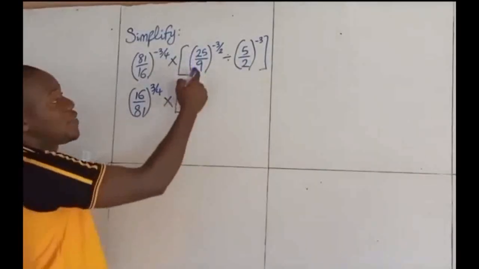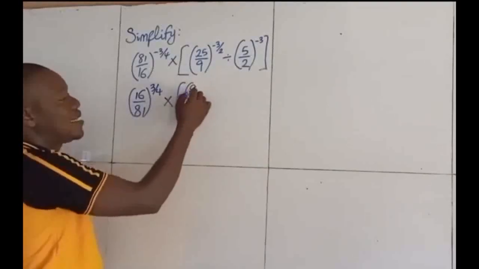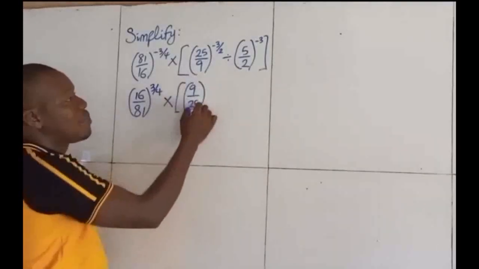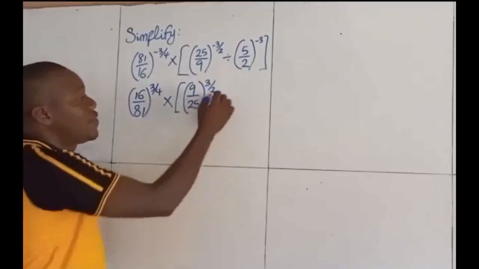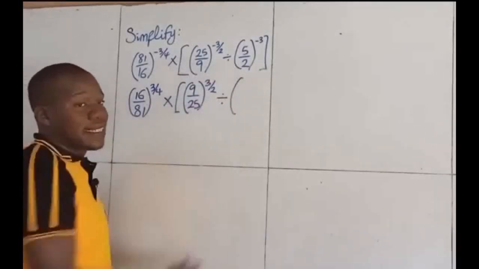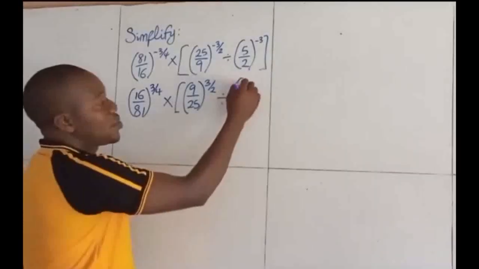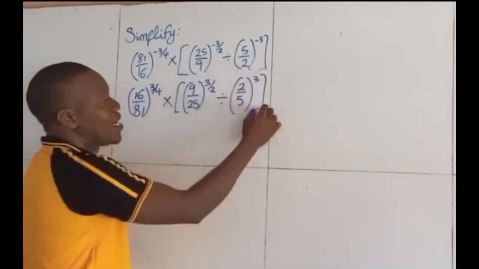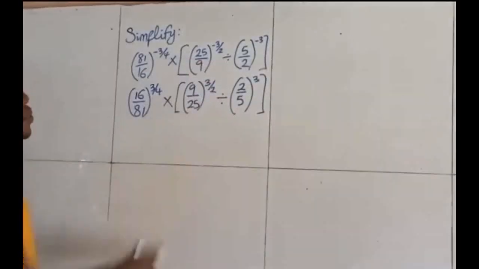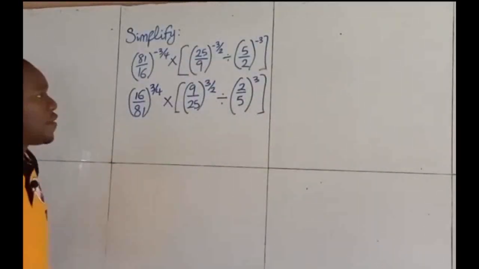So instead of 25 over 9, we have 9 over 25. The power changes from minus to plus 3 over 2, divided by, applying the same principle, it changes to 2 over 5 and the power changes to plus 3. So we've simplified from here to here. So we can continue from here.